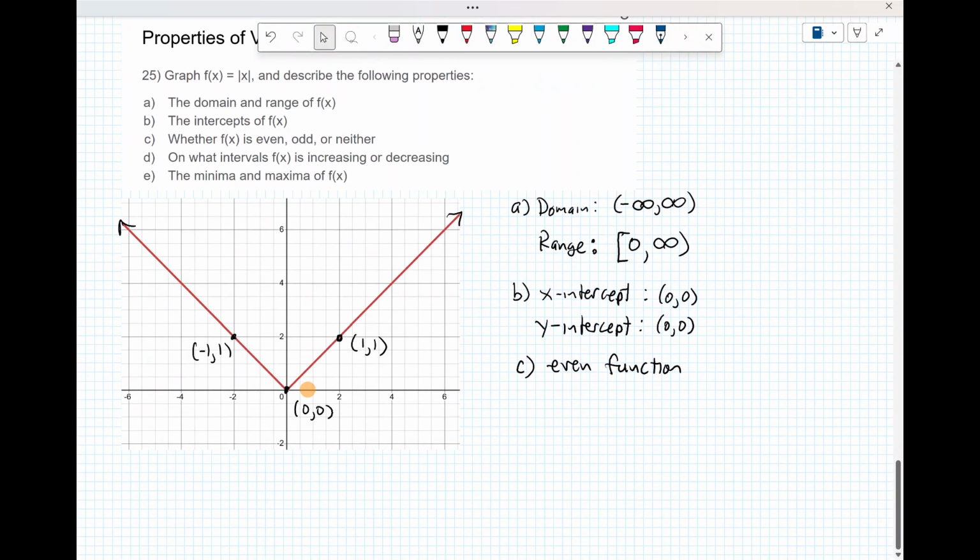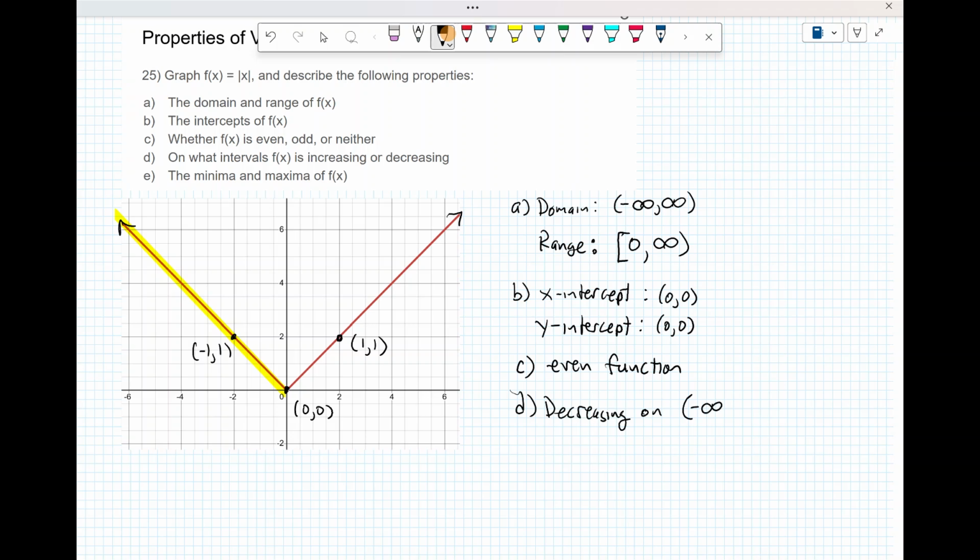All right, when is it increasing? When is it decreasing? If I go left to right, you can see that it is decreasing for all x values until we get to x equals 0. So we will say that it is decreasing, and starting at negative infinity.